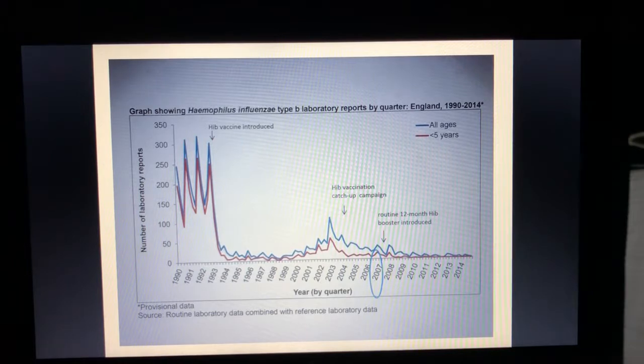But that huge number of peaks before 1993, before the vaccine was introduced, and then a slight peak in 2002-03 when a catch-up vaccine program was introduced. So, if you look at 2014 onwards, the numbers are really so low. And that would explain why I haven't seen a case of Hib meningitis for almost 10 years now.